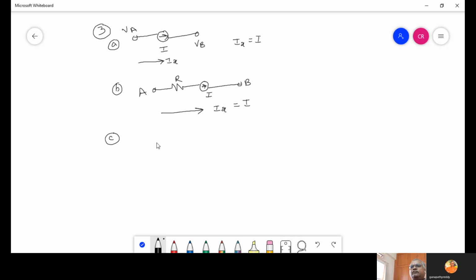Then C. We may have a voltage source followed by a current source. Voltage source of V, current source of I. Again, what is this current Ix? Equal to I only.